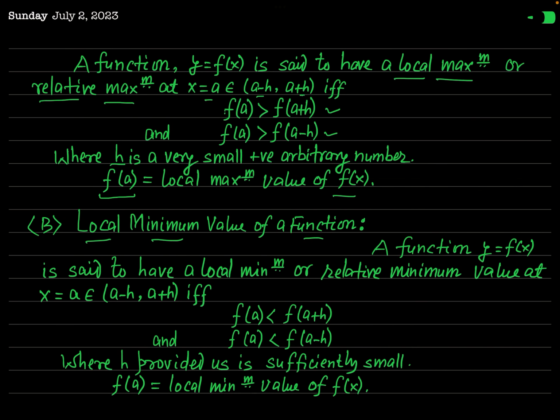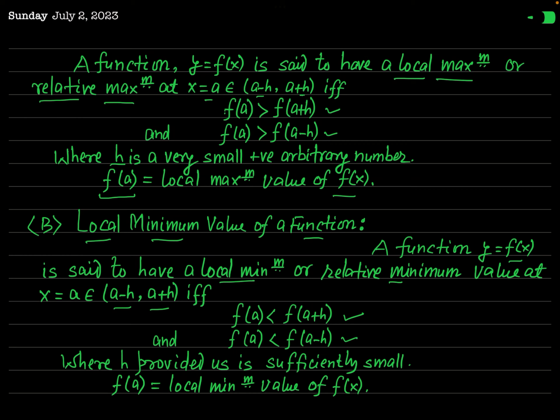So let us see, I have mentioned it here. A function y equal to f of x is said to have a local minimum or relative minimum value at x equal to a belonging to the interval a minus h and a plus h if f of a is less than f of a plus h, and f of a is less than f of a minus h.